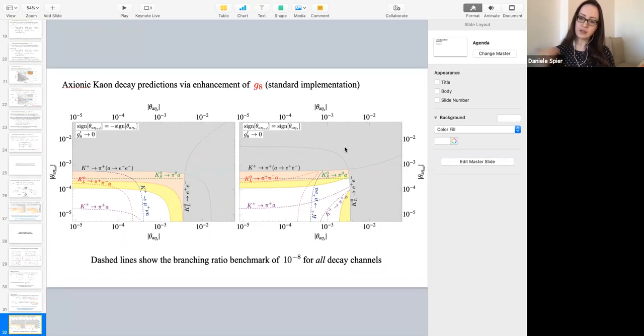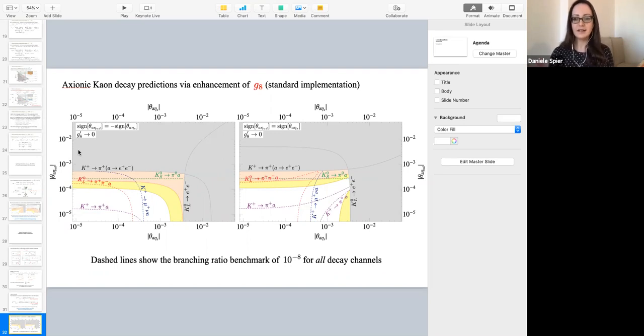And this is what the folks back in the 80s said. They said, oh, I calculated in leading order chiral perturbation theory that this angle should be, I don't know, around here. I'm just making up a place. It should be around here. But hey, this is excluded by Kaon decays, okay?